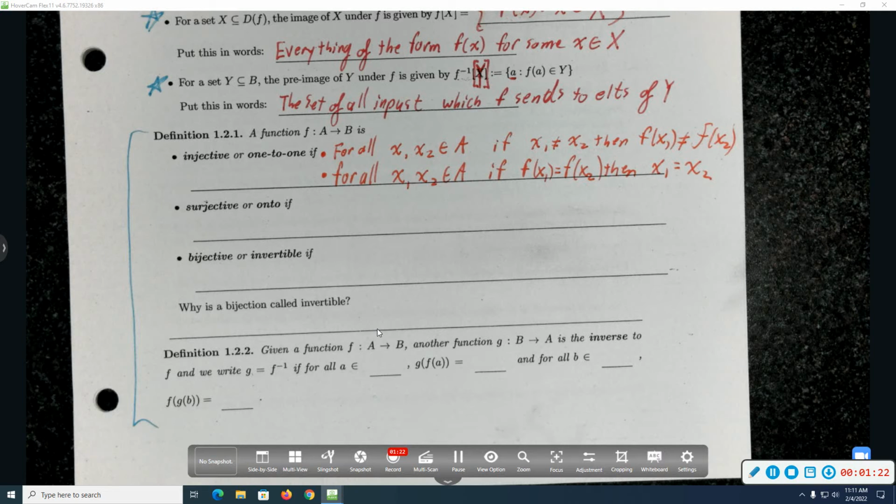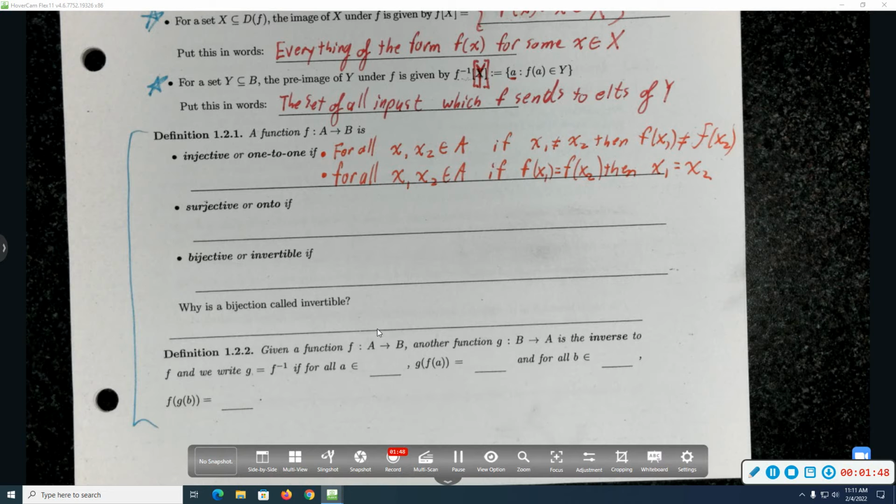B is the codomain. It is hit. What does it mean for y to be hit by the function? Like there exists x in A such that f of x equals y.